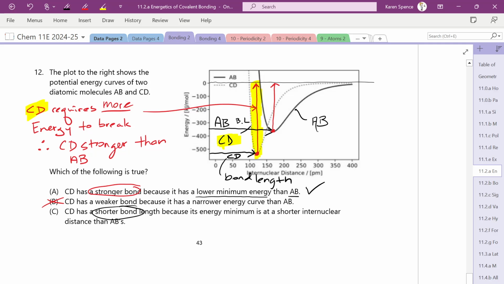Does CD have a shorter bond length because its energy minimum is at a shorter internuclear distance than AB? Is that true? It sounds true to me.